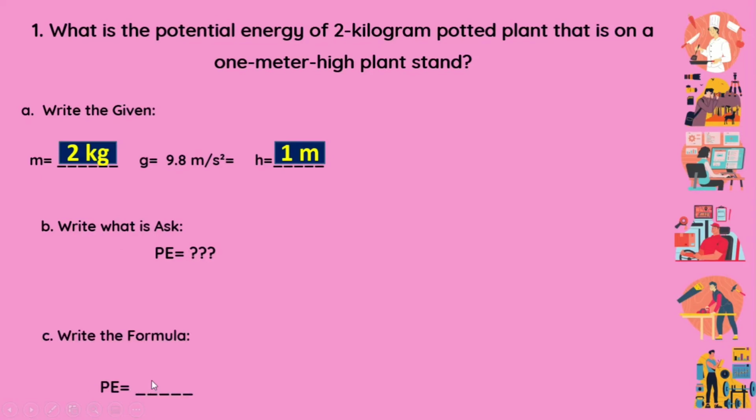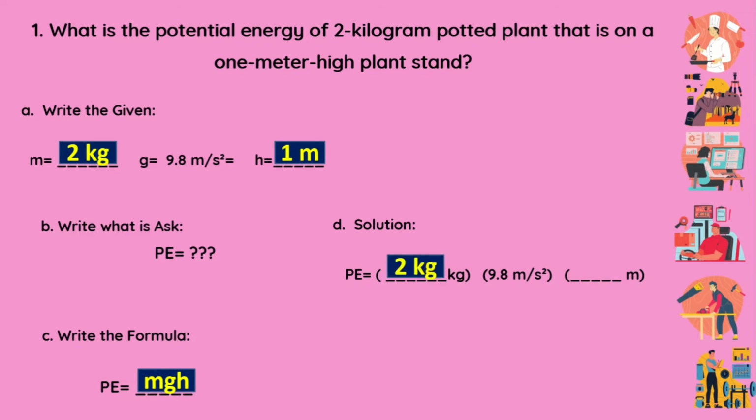The formula in computing for potential energy is equal to mgh, mass times acceleration due to gravity times height. So, for our solution, substitute lang natin yung given sa formula natin. 2 kilogram, then 1 meter.